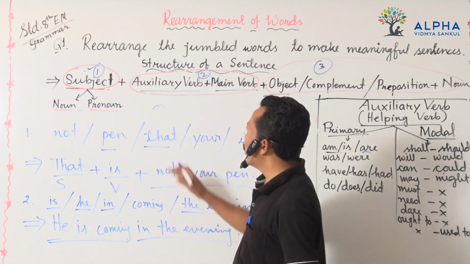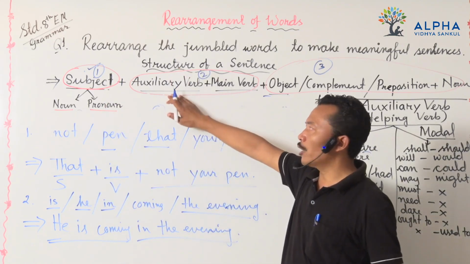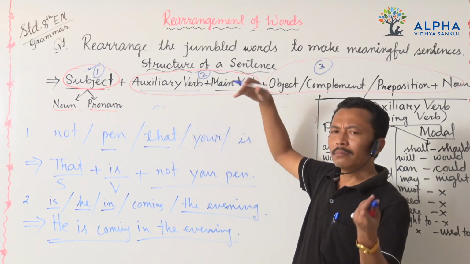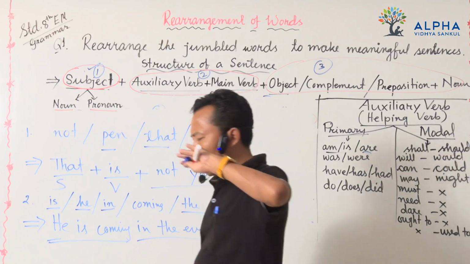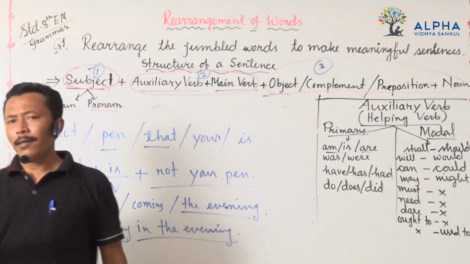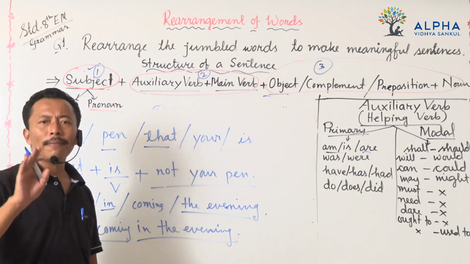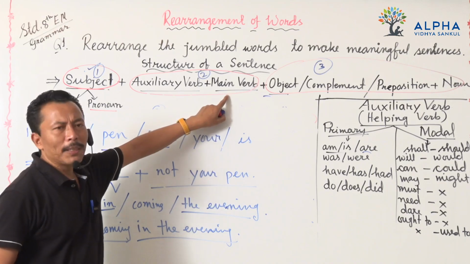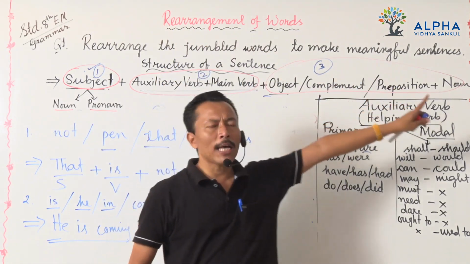So this is the first rule: subject will be there. Then next, auxiliary verb sometimes, according to the sentence there might be a helping verb, meaning auxiliary verb. Sometimes there is no helping verb. Then after that main verb is compulsory. Then object, complement, preposition plus noun.